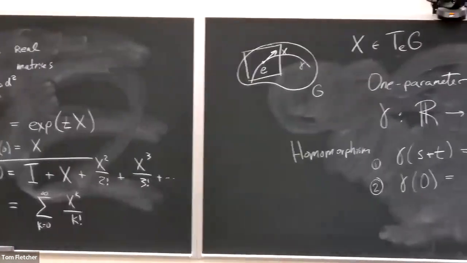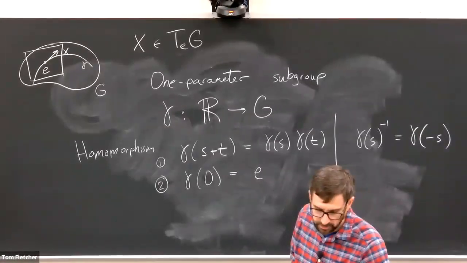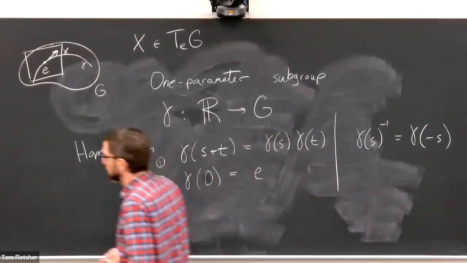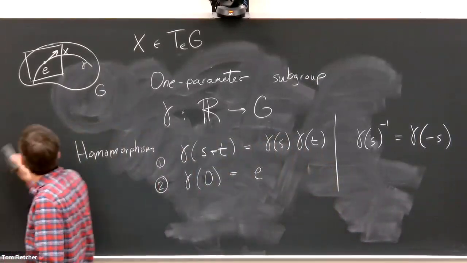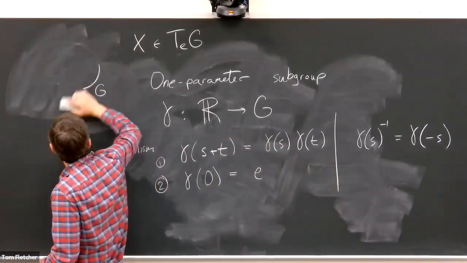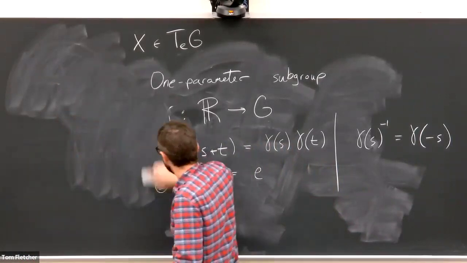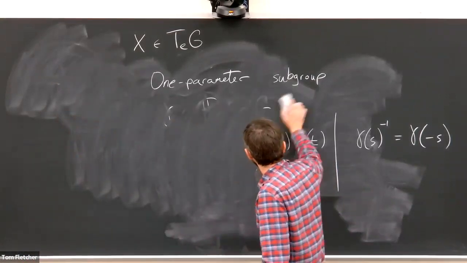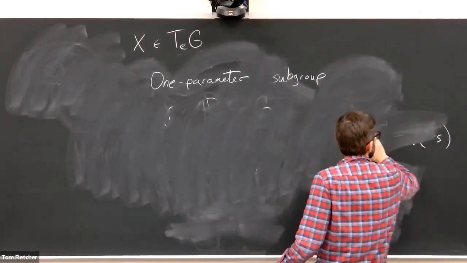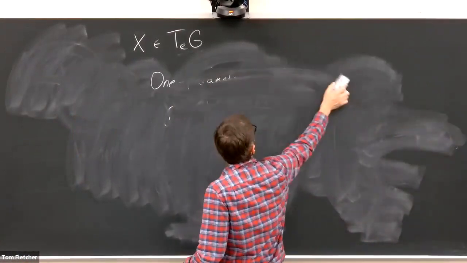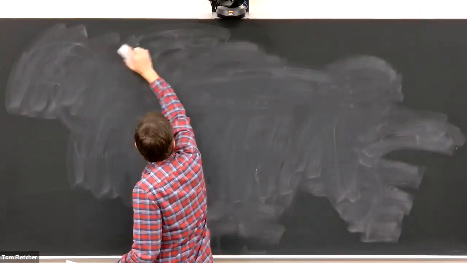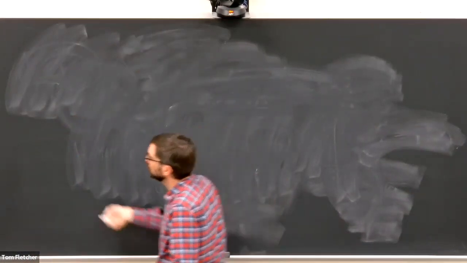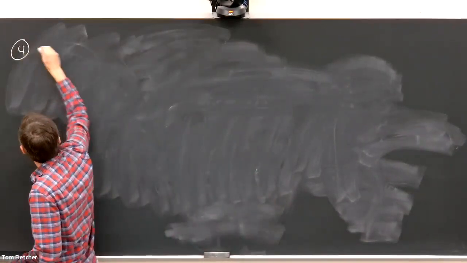A subgroup of GLD, which we're used to working with, is this rotation group, which we come across multiple times in class. So now example number 4.